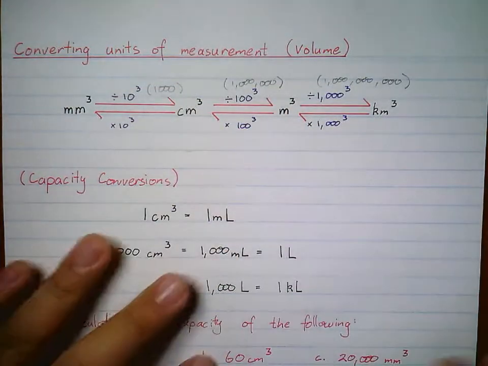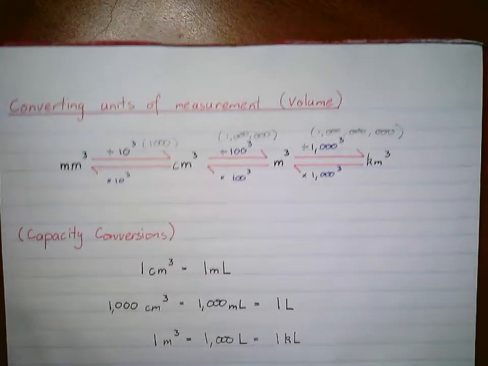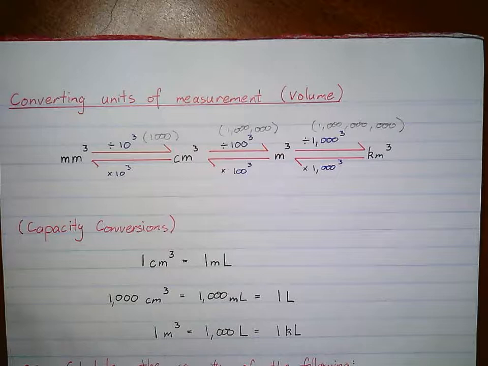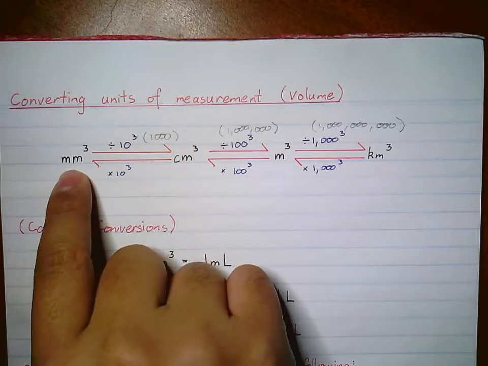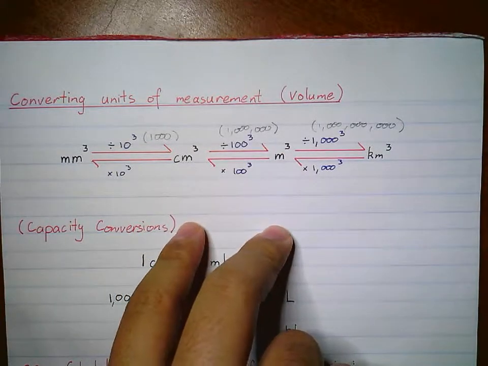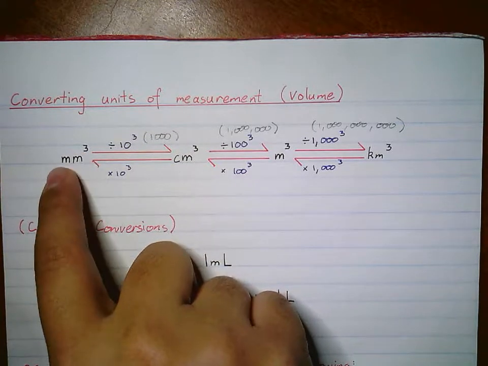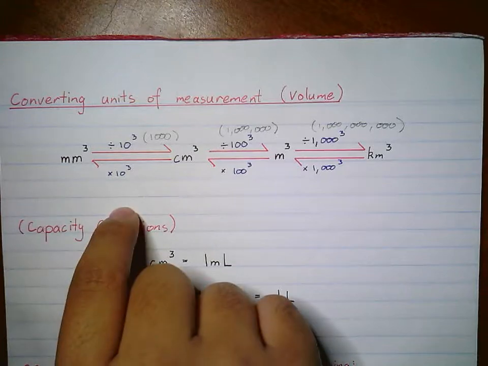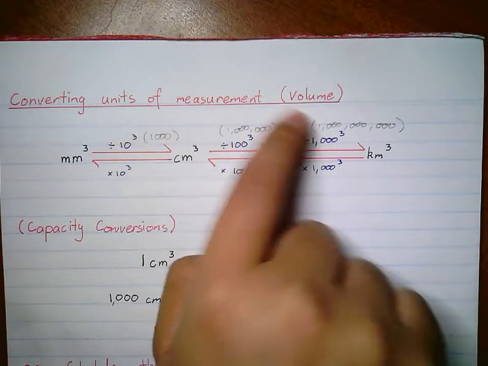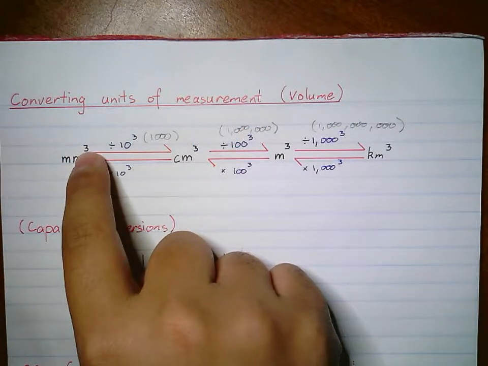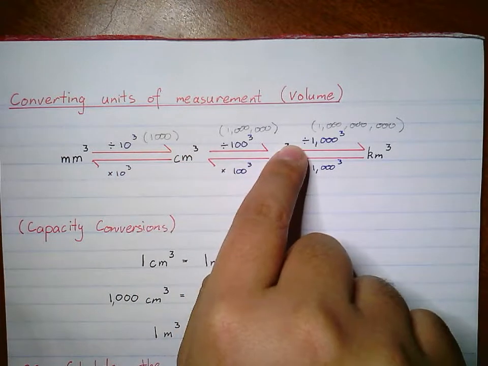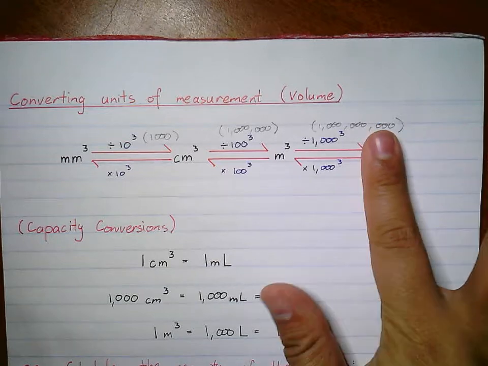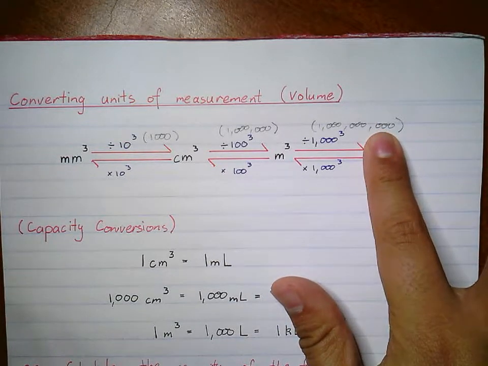If you take a look, it is once again very similar to the chart that I've drawn in my previous videos. If you take a look at the square conversions, you'll see that these numbers and the units of measurements are in squares. But in this video, since we are working in volume, millimeter cubed, centimeter cubed, meter cubed, and kilometer cubed, although we will rarely ever measure anything in kilometer cubes.